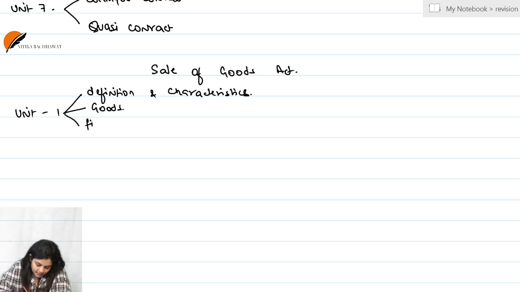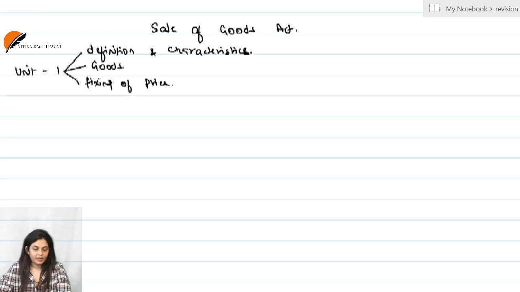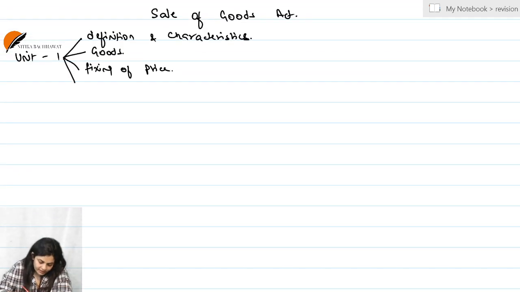Then we had discussed fixing of price under the contract of sale, where we have three methods of fixing the price. Then after this, we had discussed the performance of each of the parties. Then we had discussed the different types of delivery.